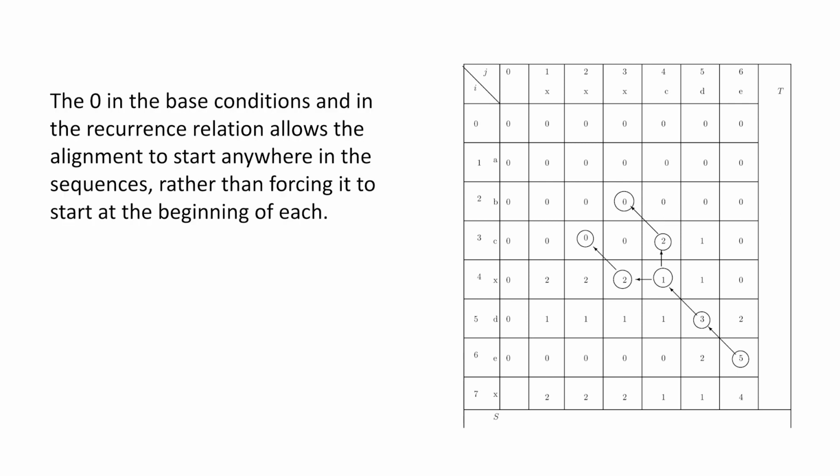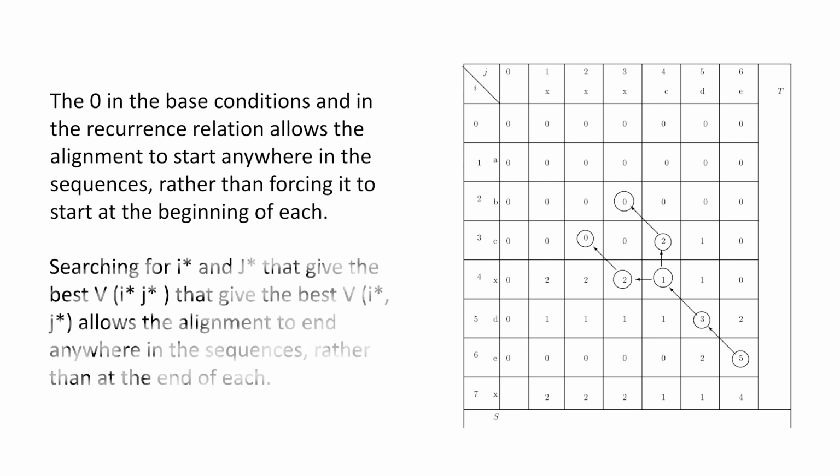So, 0 in the base conditions and in the recurrence relations allows the alignment to start anywhere in the sequences rather than forcing it to start at the beginning of each. Searching for i star and j star, the maximum alignment score gives the best V(i star, j star), that gives the best alignment, and allows the alignment to end anywhere in the sequences rather than at the end of each.